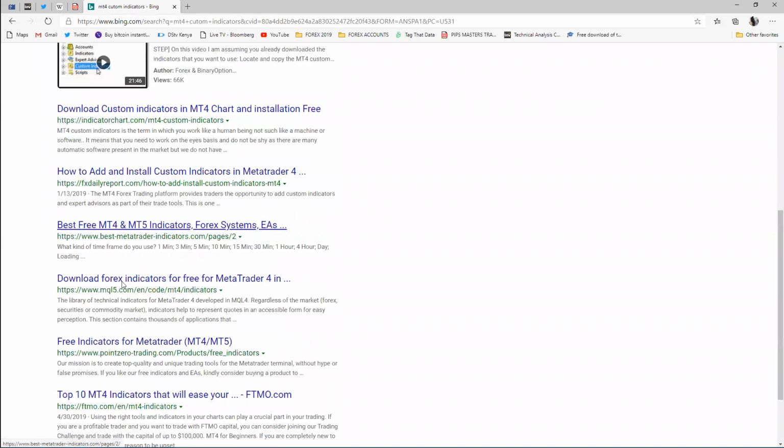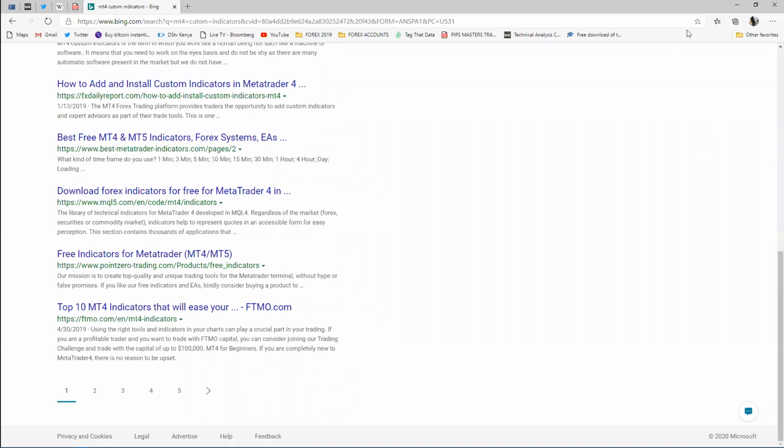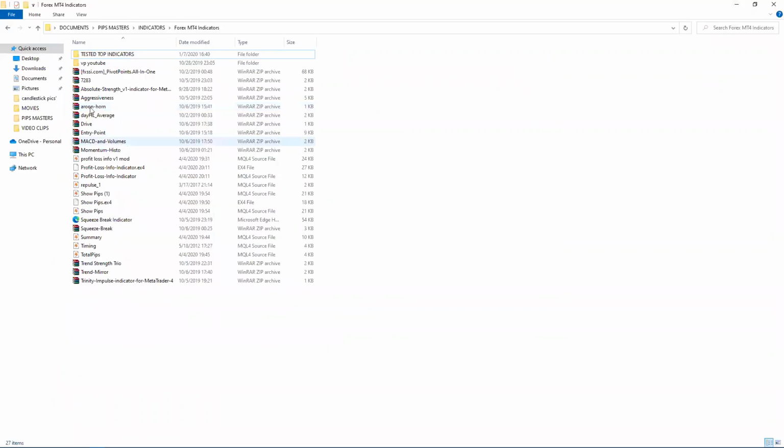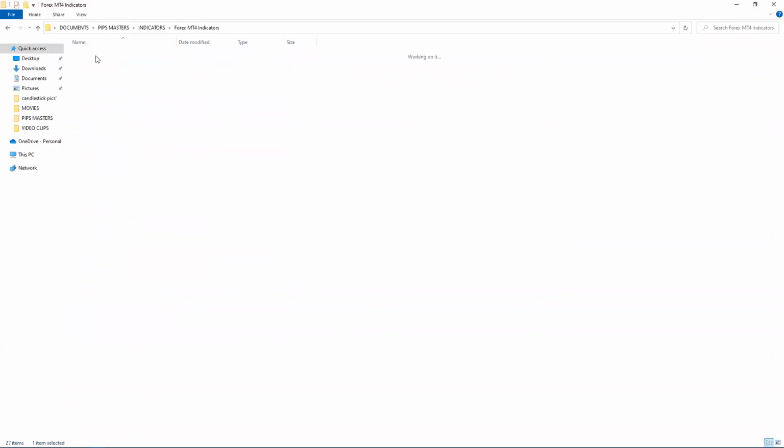Okay, you can just download any indicator you want because I've already done that. Then once you download the indicator, this is basically what you should have. Okay, so we're going to be using this.